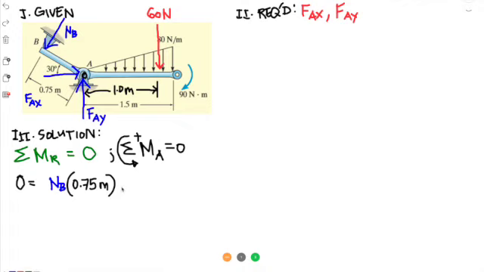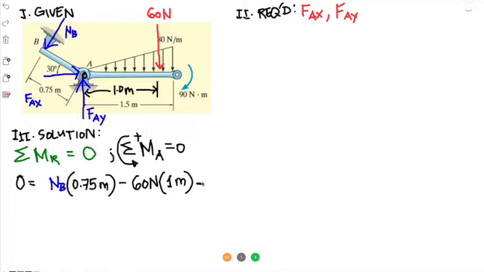So let's go to the negative moments. We have 60 newtons, it will turn clockwise, so it's negative. So we have 60 newtons times 1 meter. And of course you have this couple moment, 90 newton meter.